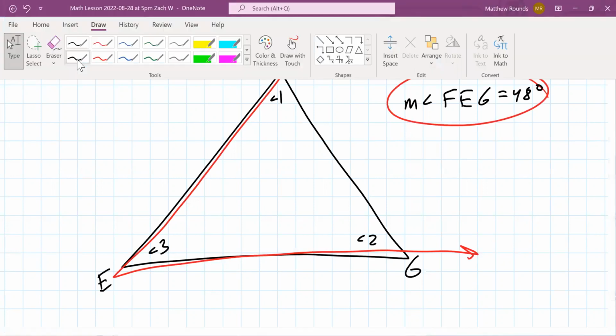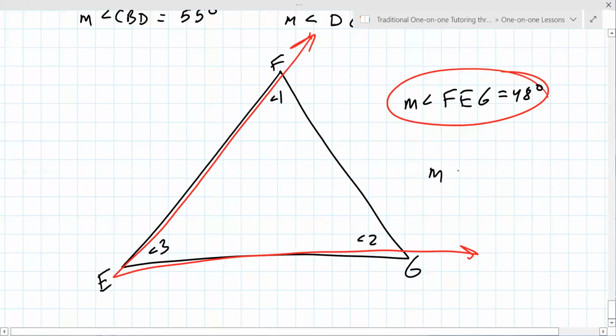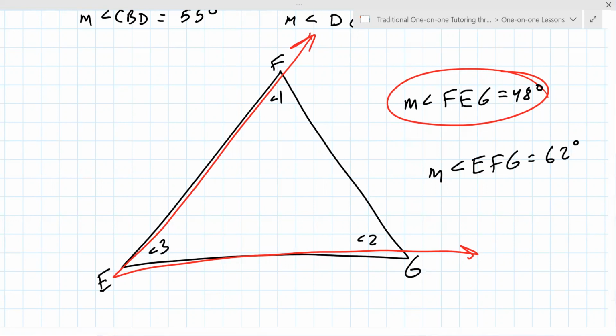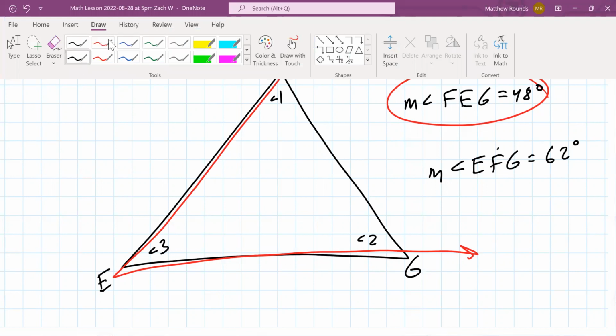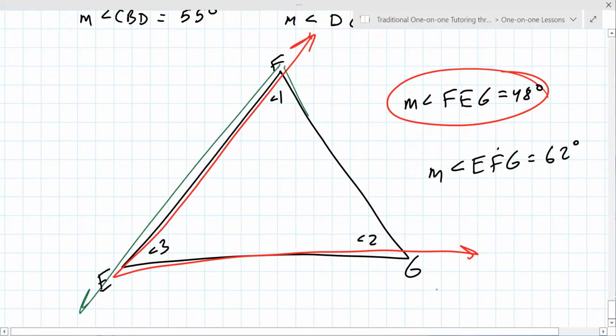Now let's do another one here. Let's say the measure of angle EFG is 62 degrees. Which one is that? Is it angle 1 or angle 2? Angle 1. So F is the vertex. So yes, it must be this one up here.